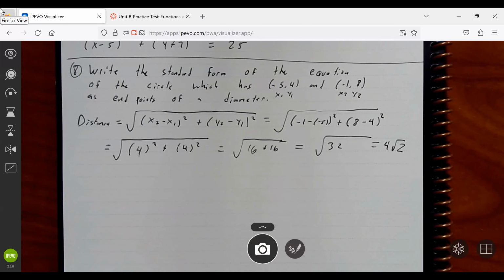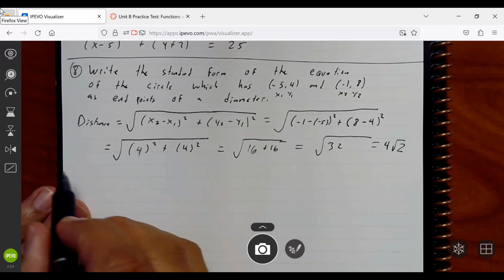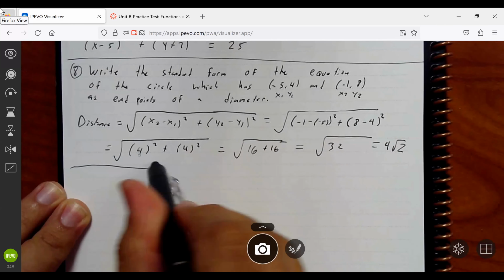So we got the distance. Oh, wait. Need to focus here.